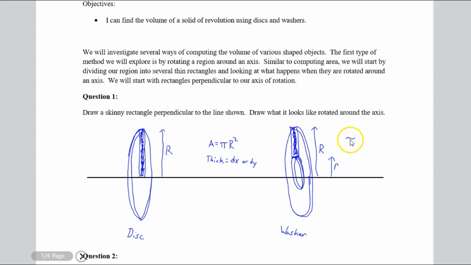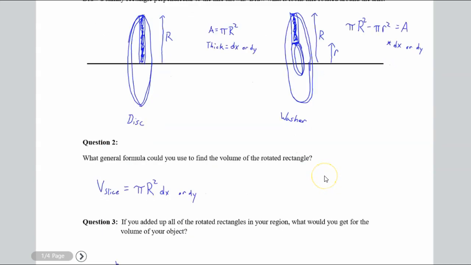So we're going to get big R squared minus little r squared, and then all of that is my area. And then I'm just going to multiply it by my thickness, so times this thickness, which is a dx or dy. So that gives me the total volume of this washer, and then we'll try to go in and add those up. So let's go and put those in here.